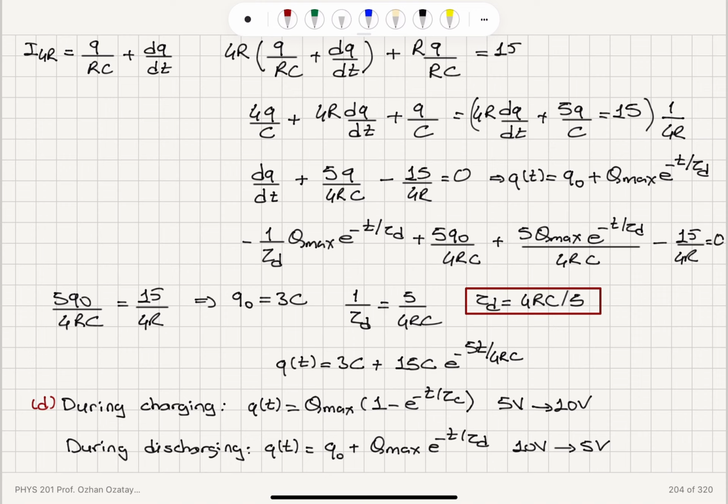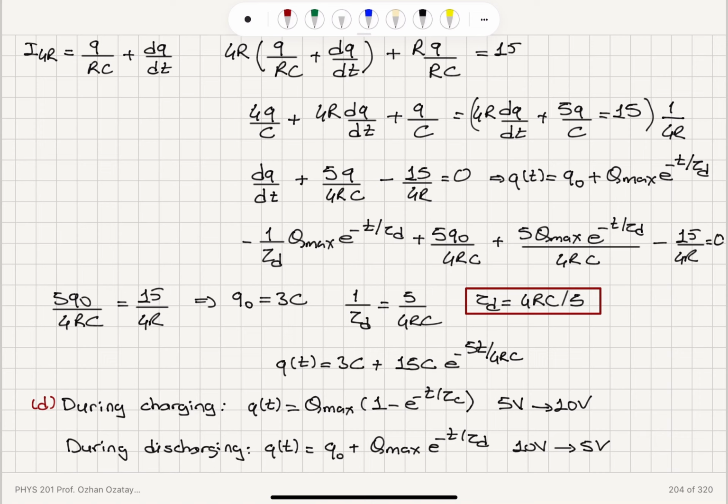So as t goes to infinity, we need to have a charge Q0, and because it's a discharge process, the charge must be decreasing. So as time increases, we're going to see that this portion will decrease.